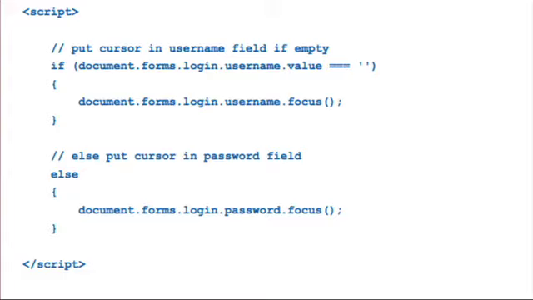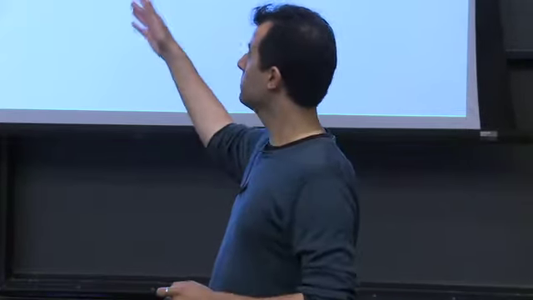Forms happens to be a collection of all of the forms in that document. And there might be 0 forms, there might be 10 forms. It totally depends on how many form tags are in that document. So document.forms.login specifically means get me the form whose name is login among all of the forms in the current page, whether there's one or more.